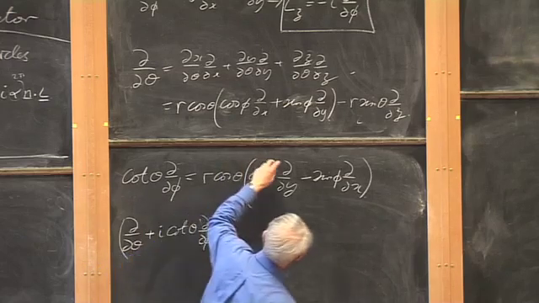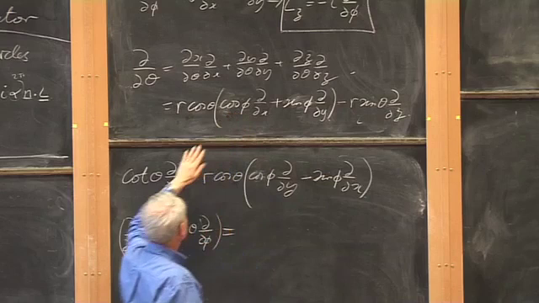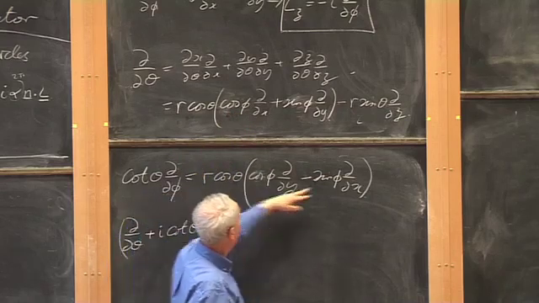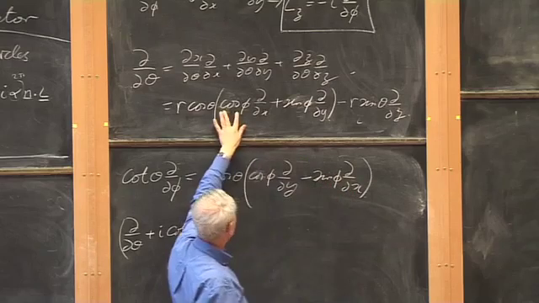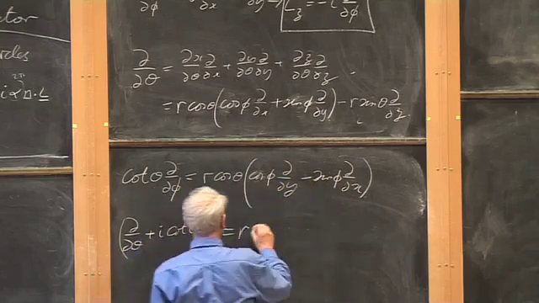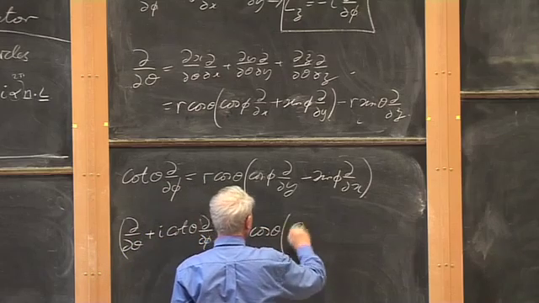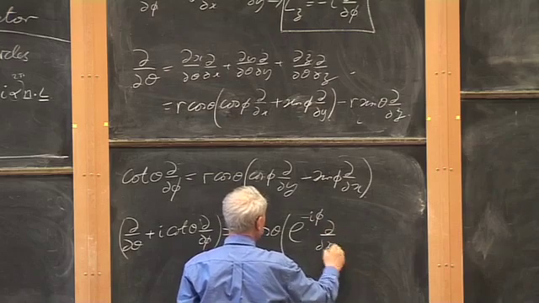I'm looking at the wrong coefficients. So what am I going to be doing? I'm going to be adding this and this. So we're going to add i times this to that, with a common factor of d by dx. So we're going to have cos phi minus i sin phi, which is well known to be written as e to the minus i phi. That's how much of d by dx we're going to have.